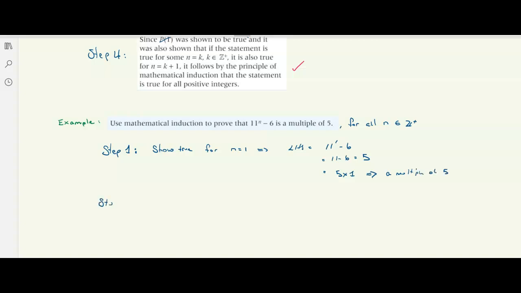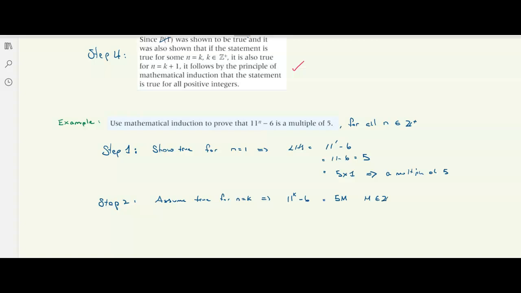Okay, so that's good. Step 2, we're going to assume the statement's true for n equals k. That means that we're going to say that 11 to the k minus 6, some value of k, is equal to, now how do I write is a multiple of 5? Well, it's 5 times something. I'm going to use m, where m is an integer.